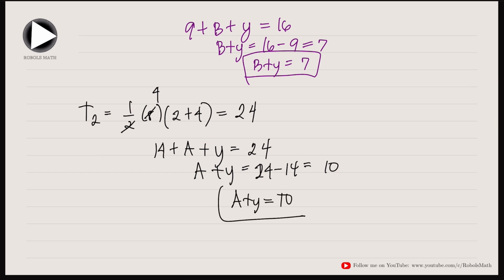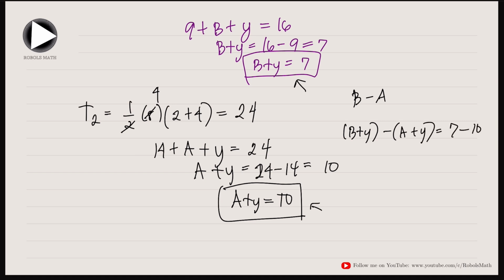And we have this second expression here. Now, what's good about this is that while we are not able to solve for a and b individually, we can determine the value of b minus a by just subtracting these two equations. We get b plus y minus a plus y equals 7 minus 10.